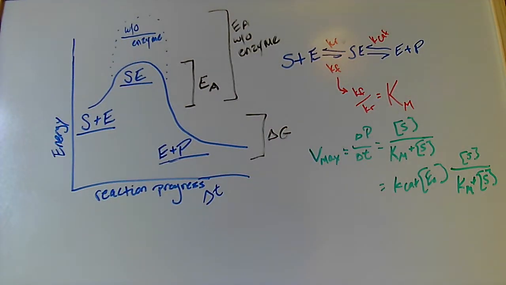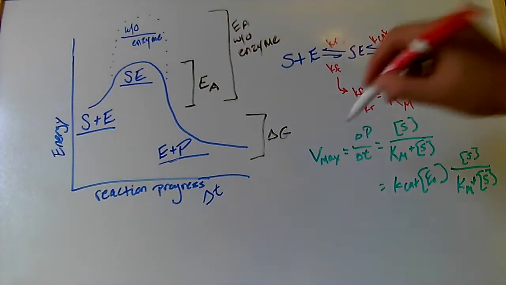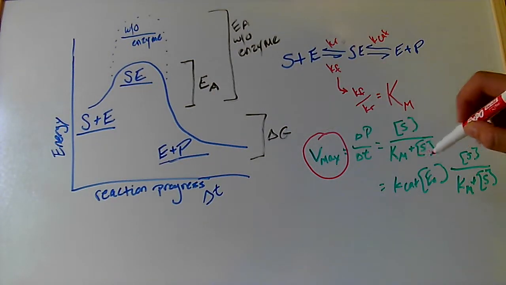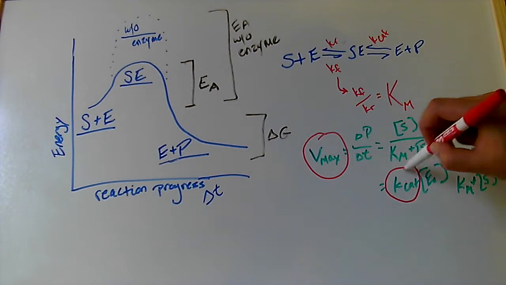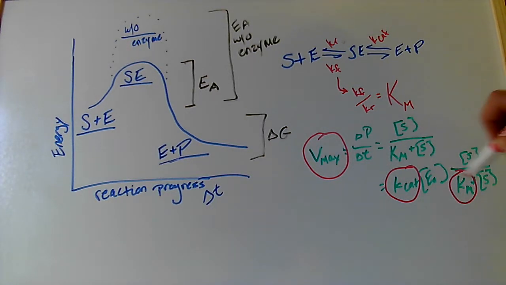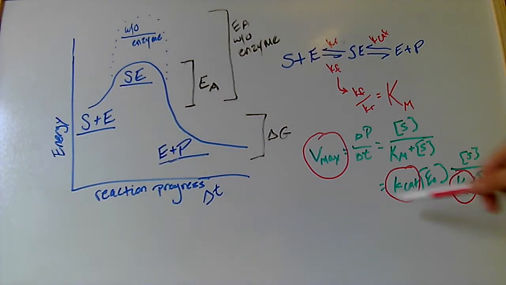Okay, so again, that's a lot of math. But if we look at what's fundamentally going on here, you can see that there is a relationship between Vmax, the rate of catalysis, and the binding coefficient. Okay, those are really the three bits that are important. If you put them in a mathematical relationship, changing kcat will affect Vmax, and changing km will also affect Vmax.